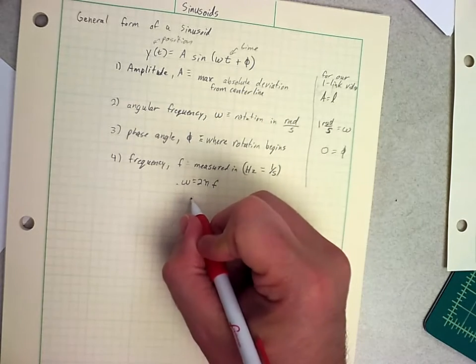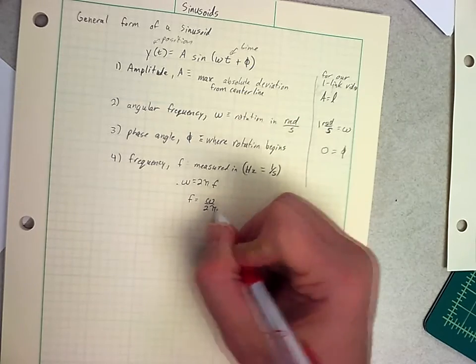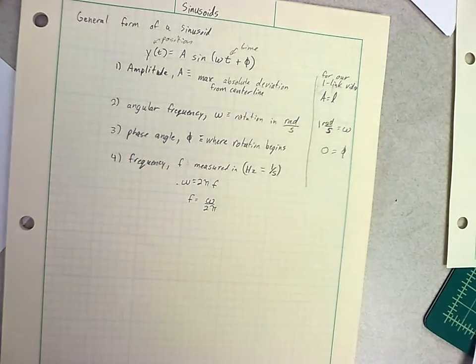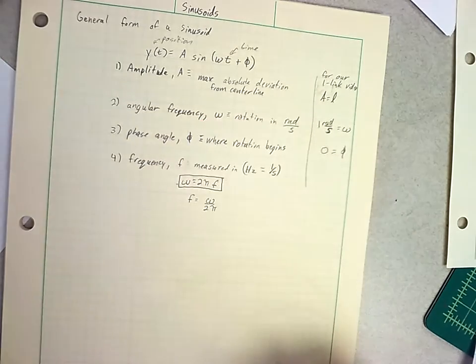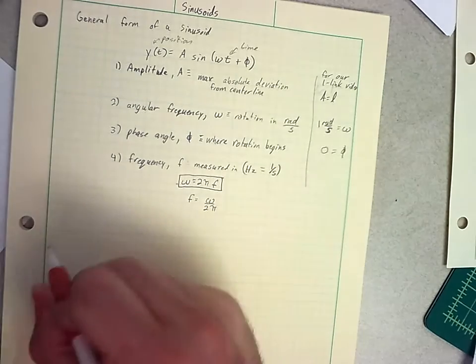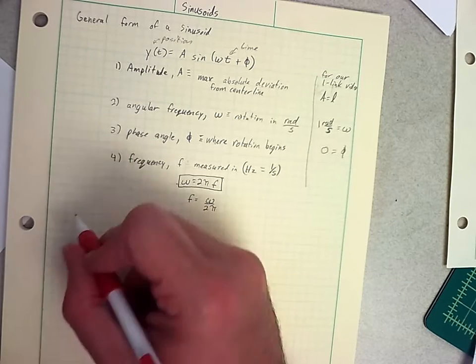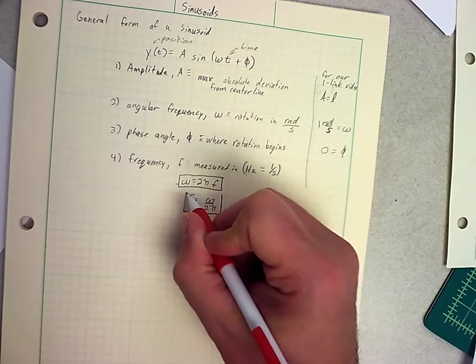Or the other way to think of that is frequency is omega divided by 2 pi. So essentially it's how quickly the angle changes. So just a couple ways to look at that. Either way, you get frequency.